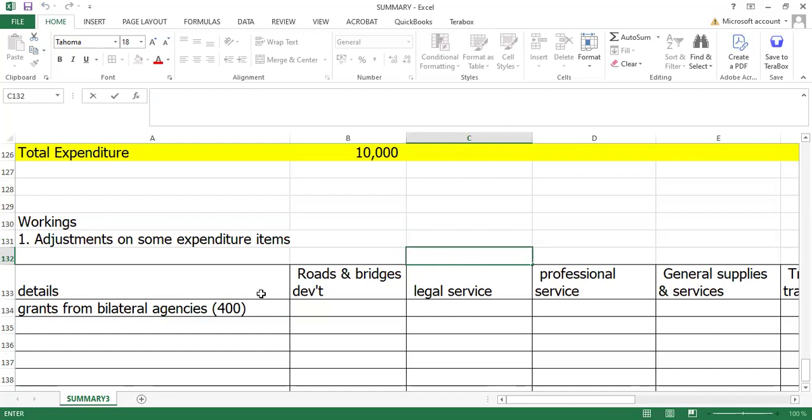If you want, you can create a column for total allocation, but really that is a waste of time. In your workings, because you're using a pen, you can show the examiner how you're getting the figure. When we received the money from our bilateral agents.